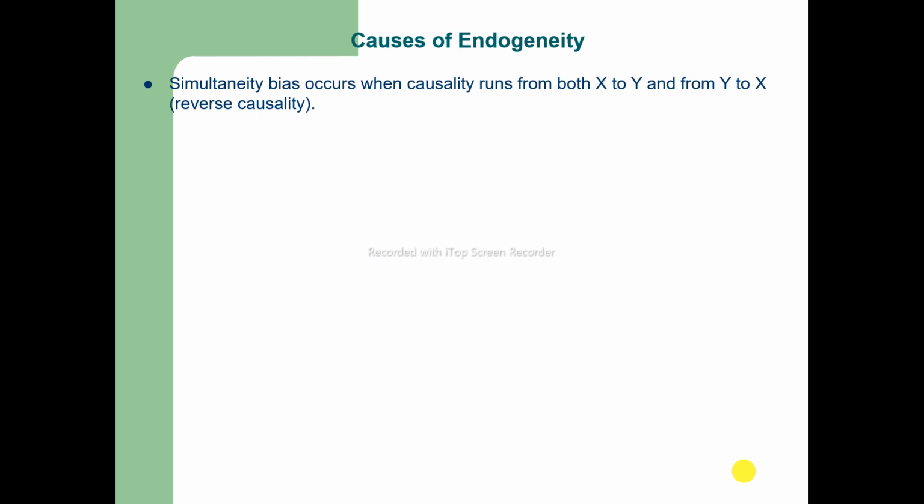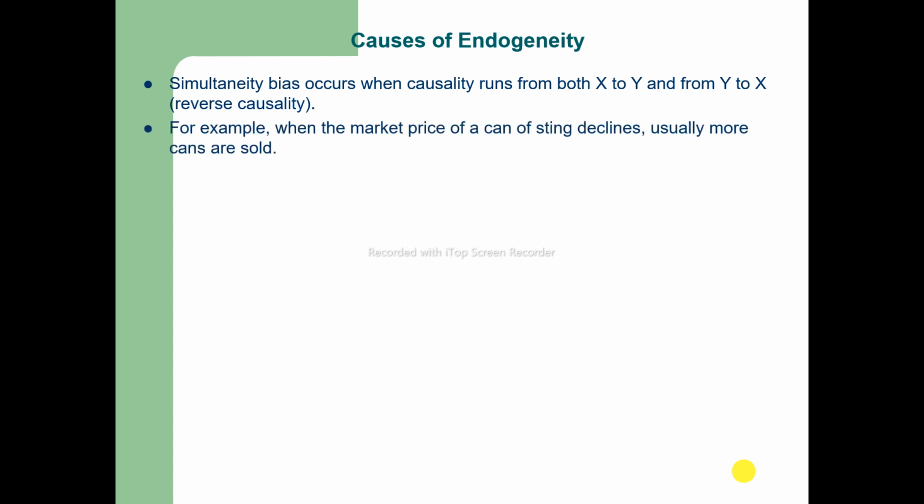The second cause of endogeneity is simultaneity bias, which occurs when causality runs from both x to y and from y to x, which is a reverse causality. For example, think of the market price of a can of Sting drink, and let us suppose that the market price of Sting declines. Usually more cans are sold. This is the famous law of demand.